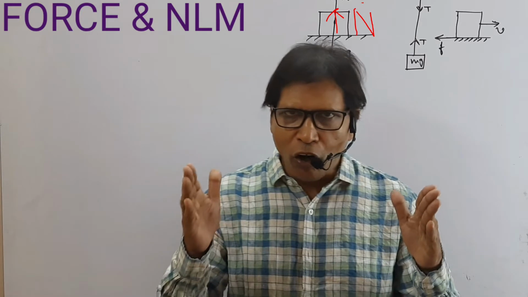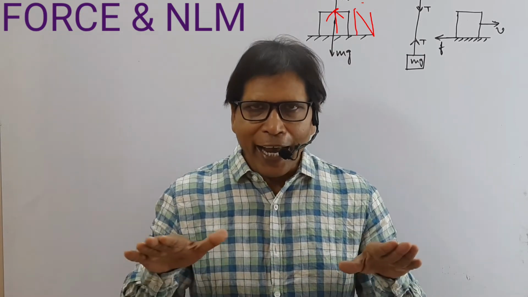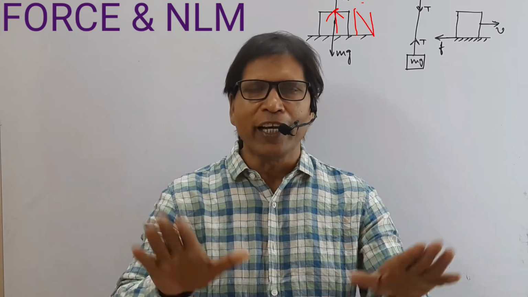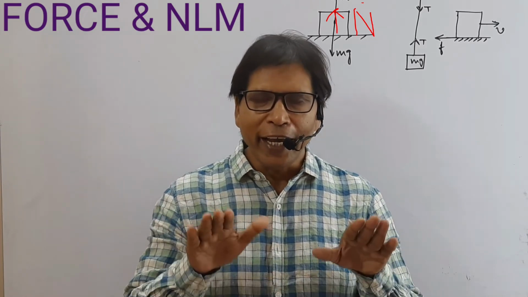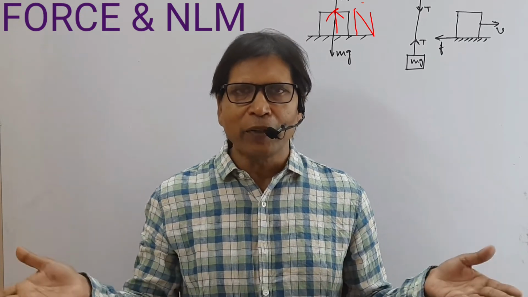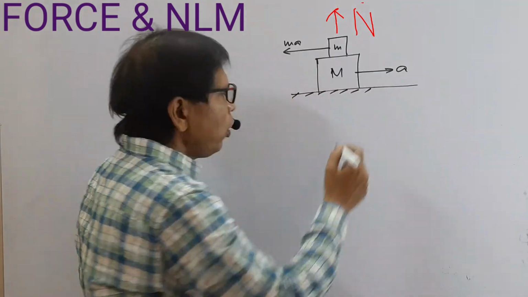Okay? Now, non-inertial frame. An accelerated frame of reference is known as a non-inertial frame. An accelerated car and an accelerated lift are taken as non-inertial frames. Look at this.